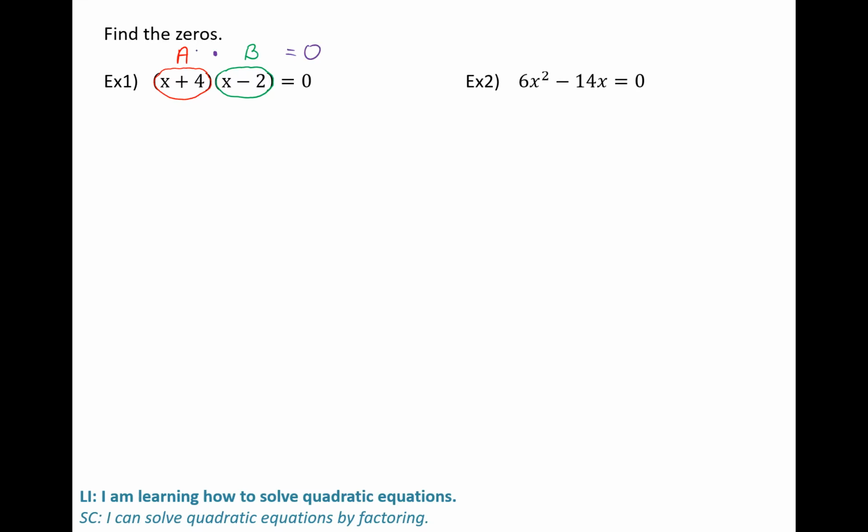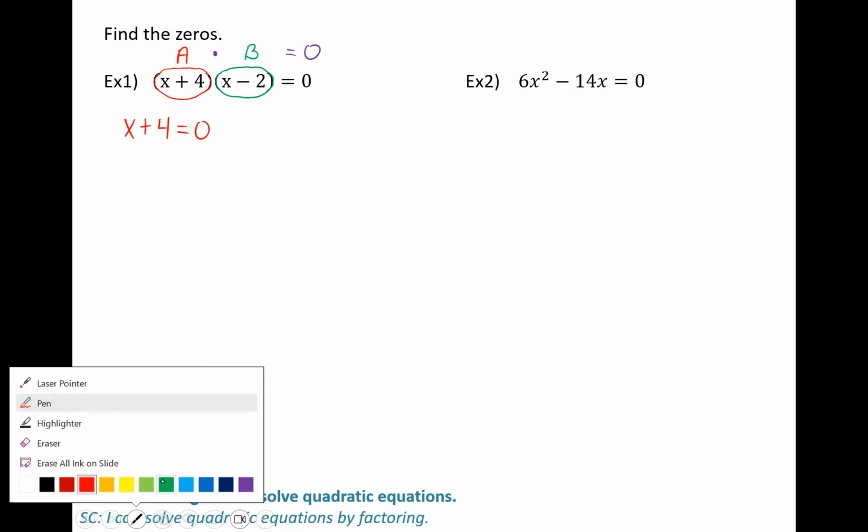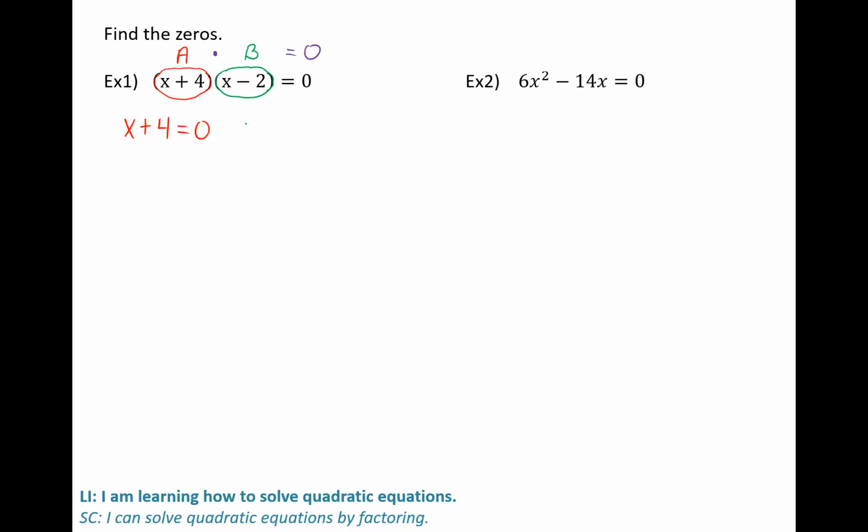So I know either a is 0 or b is 0. Because we don't know which one it is, we don't know if the first parenthesis is equal to 0 or the second one is 0. So we have to set each parenthesis equal to 0 because we don't know which one is the 0, and we want to make sure we have all the possibilities for x.